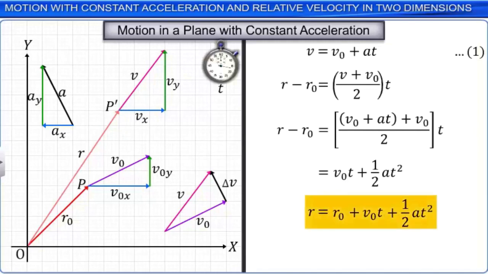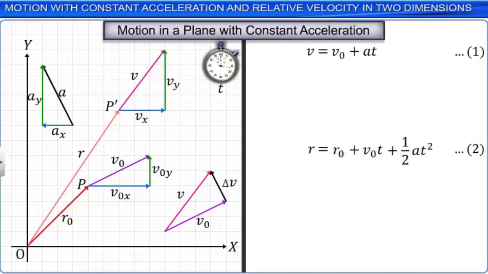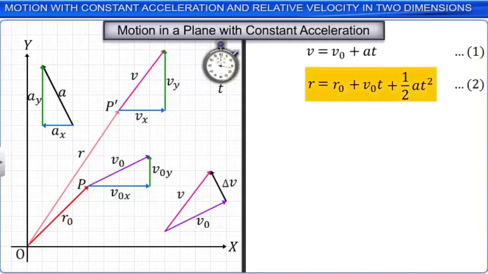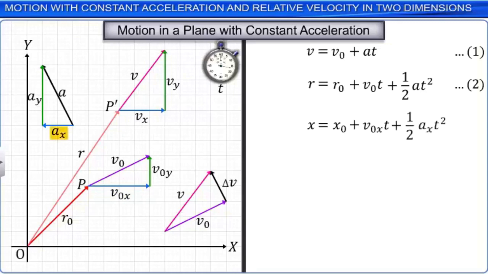Now once again we are going to resolve it and write it for the x and y components. In the x-axis, the position vector will be x, so x is equal to x naught plus v naught x t plus half a x t square, where v naught is given by v naught x and the acceleration by ax.